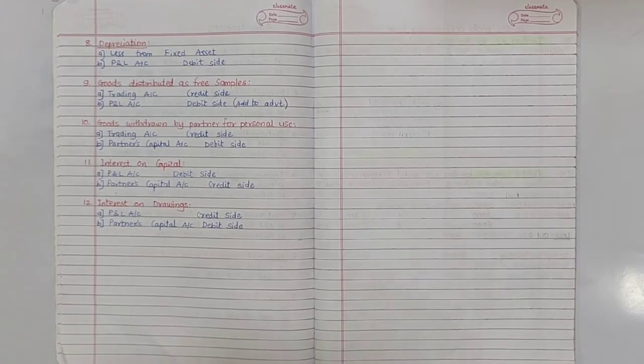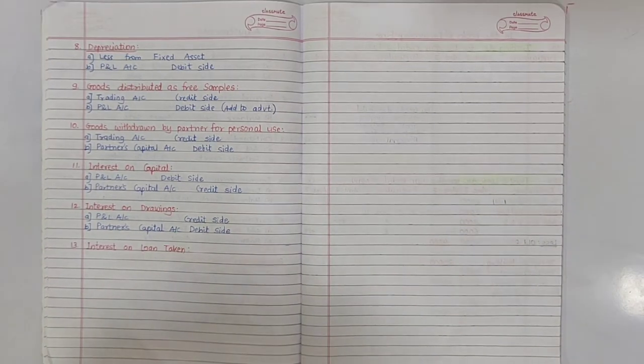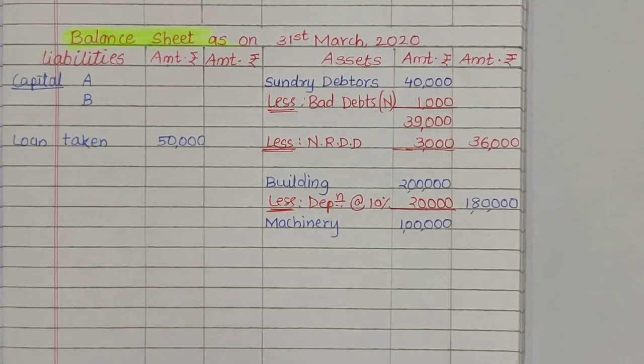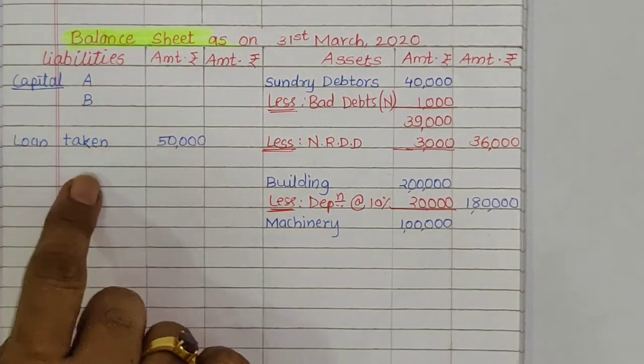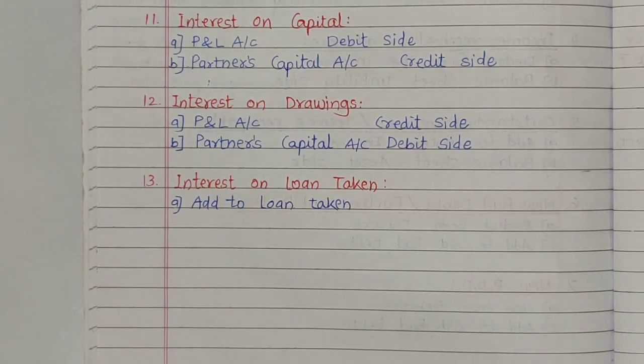Next adjustment is interest on loan taken. Loan taken is a liability which is already posted to liability side as loan taken. So first effect is we will add the interest to the loan already taken.